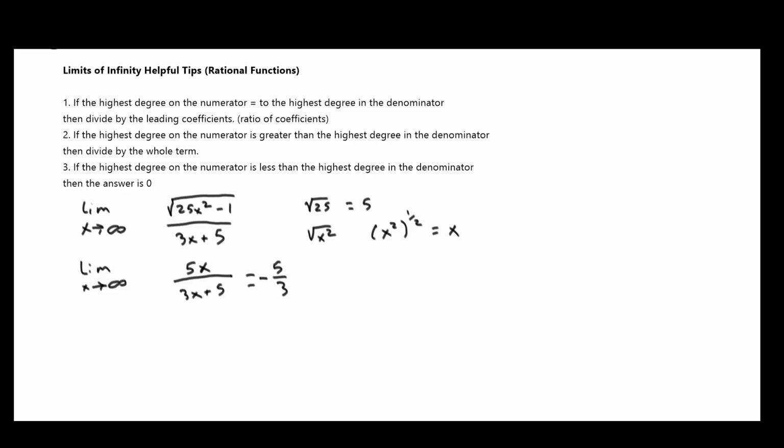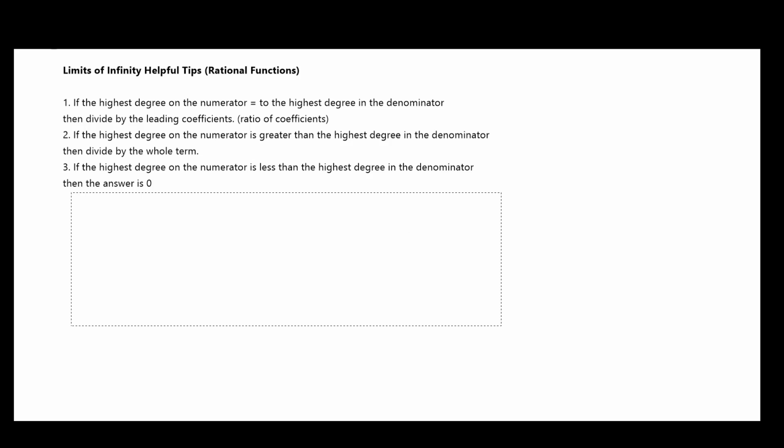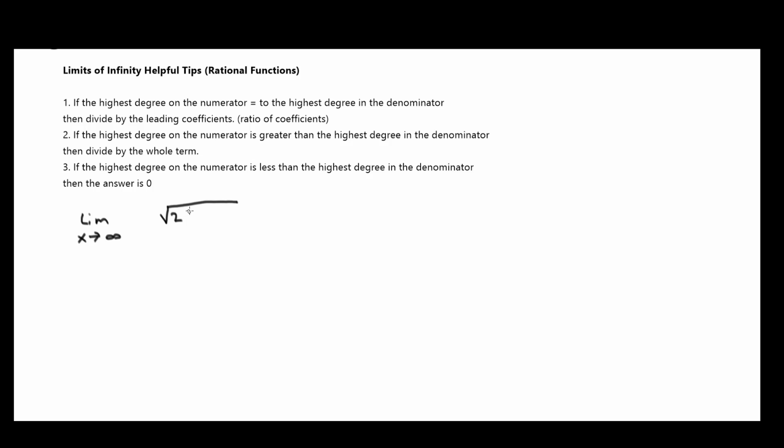We'll do one more radical example. We'll have the square root of 25x squared minus 7 over 15x plus 2.